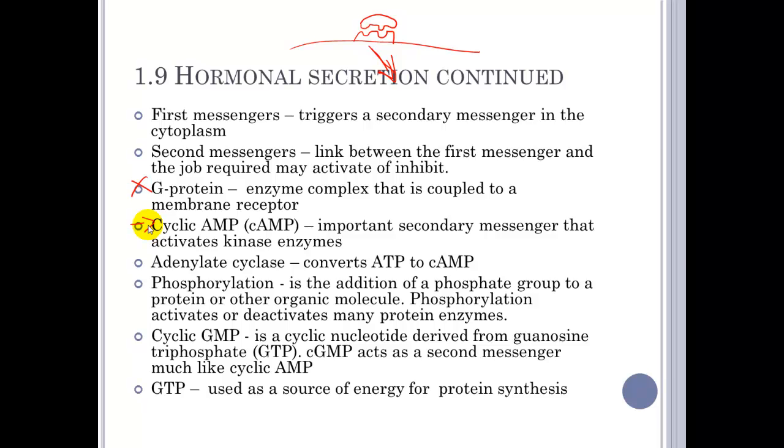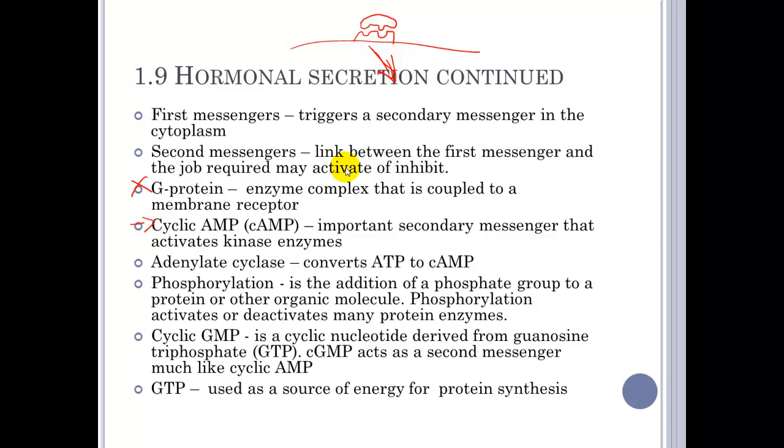Cyclic AMP is an important secondary messenger that activates kinase enzymes, and enzymatic action then occurs inside the cell, and this enzymatic action then brings about the product that the release of the hormone was looking for in the first place.